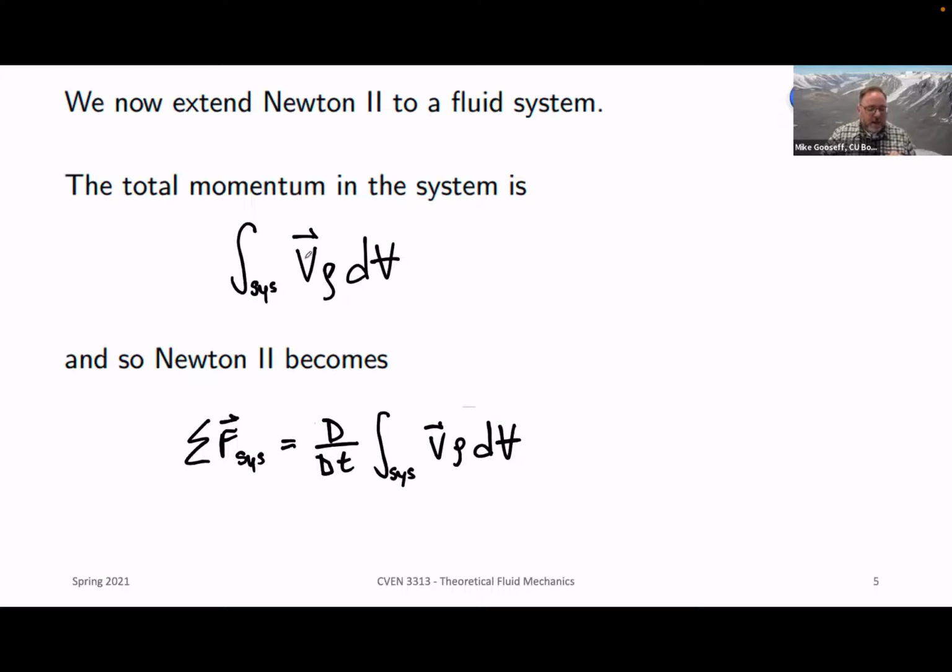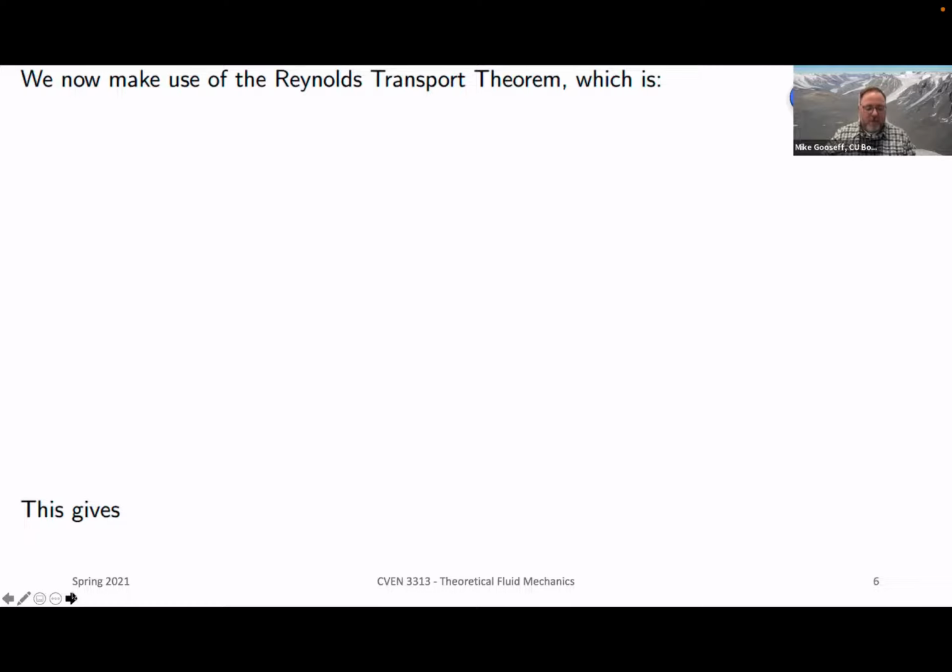All right, so let's go back to the Reynolds transport theorem and consider the change in momentum of a system using the Reynolds transport theorem. So that would look like this. That's the capital D, Dt of, recall that our fundamental writing of the Reynolds transport theorem had a capital B over the system, right?